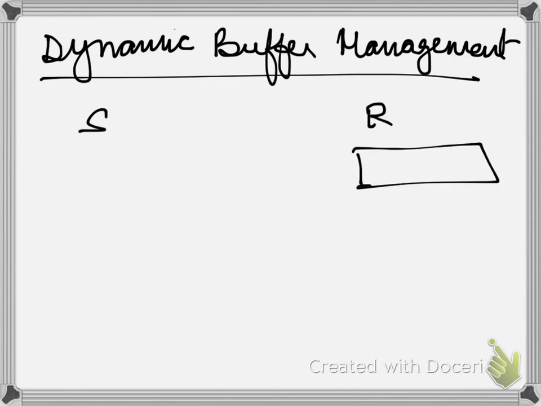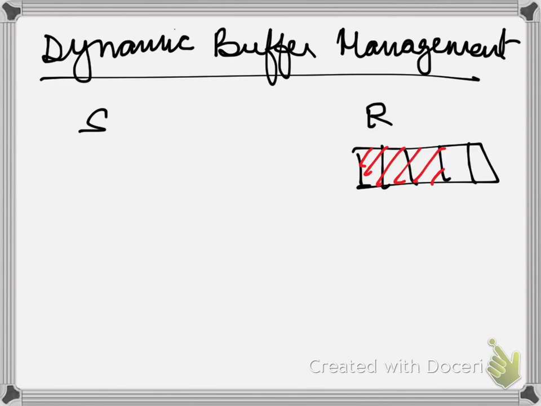So let's say the sender is here and the receiver is here. The receiver has certain buffer slots. Let's say it has got 5 slots. Out of this, let's say 3 slots are already used, and two slots are empty.